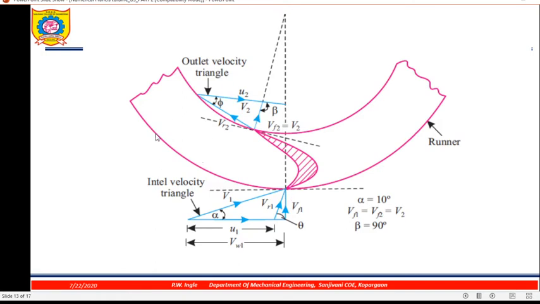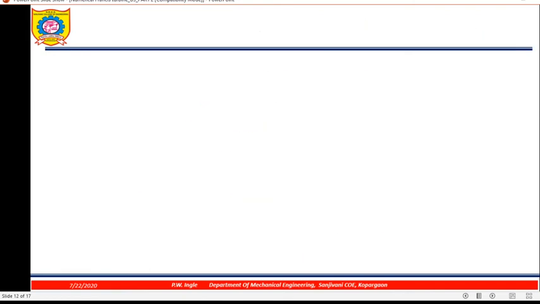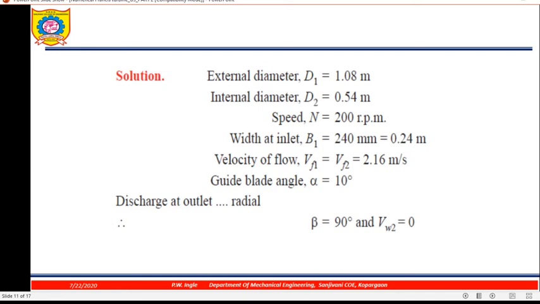From this point to this point it is R1, and this will be R2. So the external diameter D1 is for the velocity triangle at inlet.